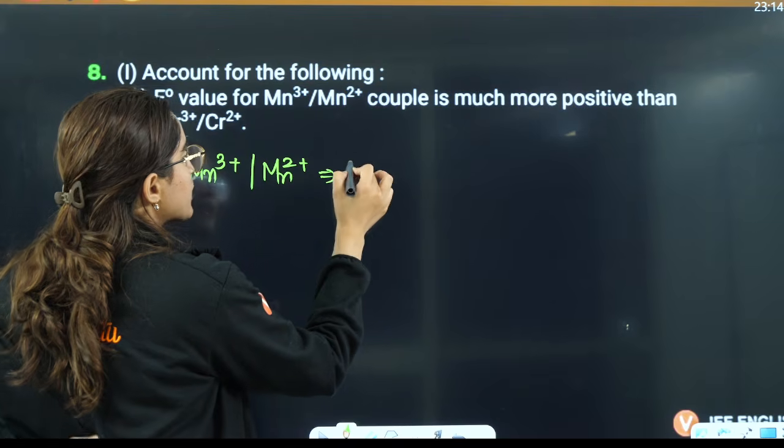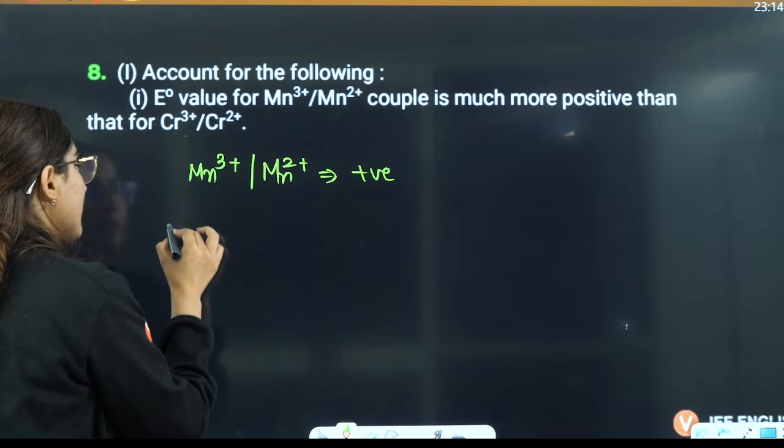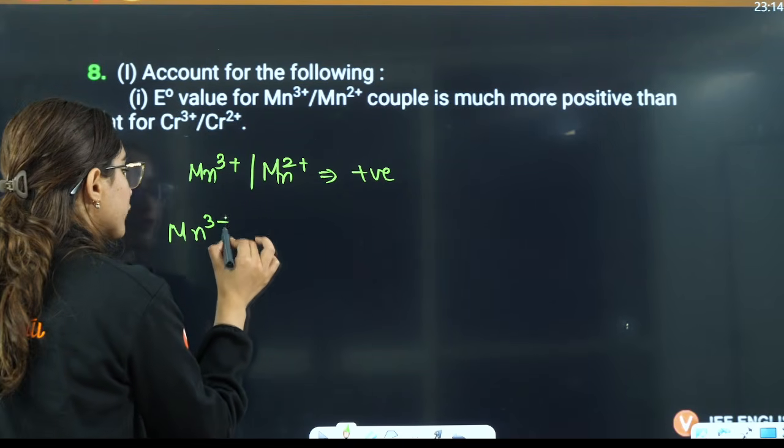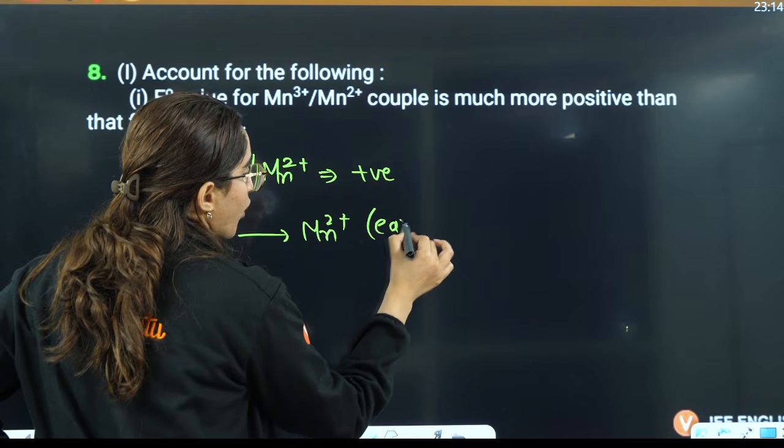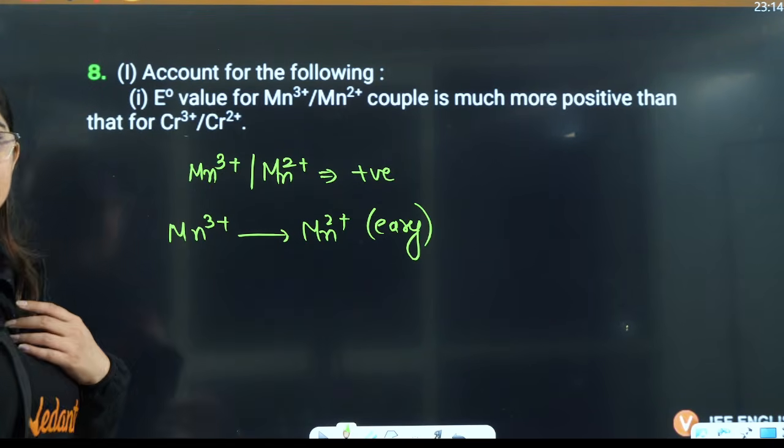Now we are saying it is positive. That means Mn 3 positive to 2 positive is easy. Positive means this reduction is quite easy.